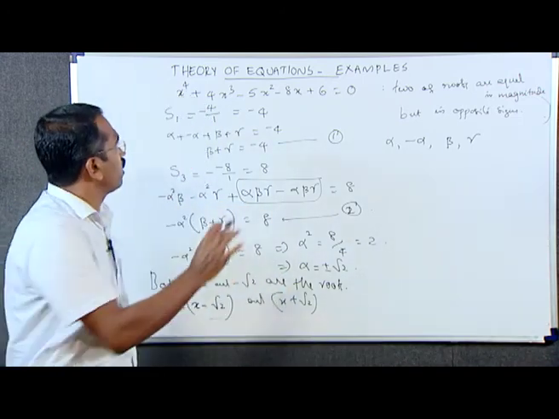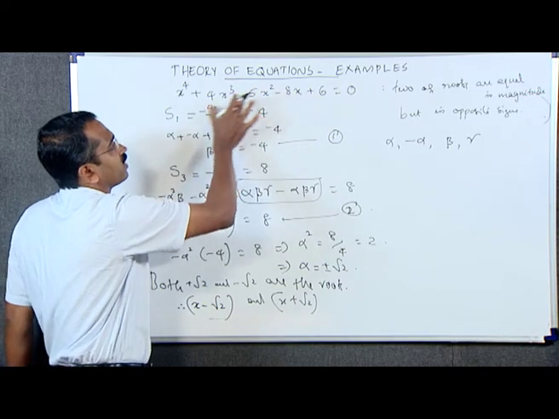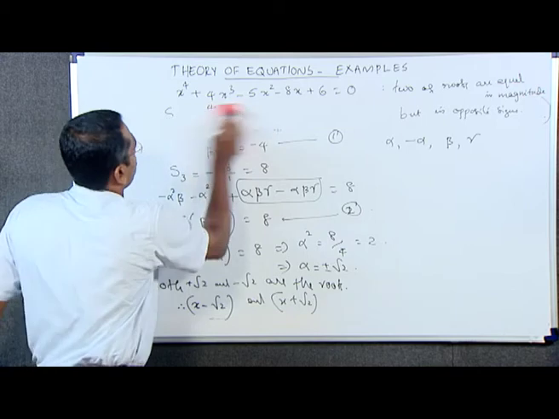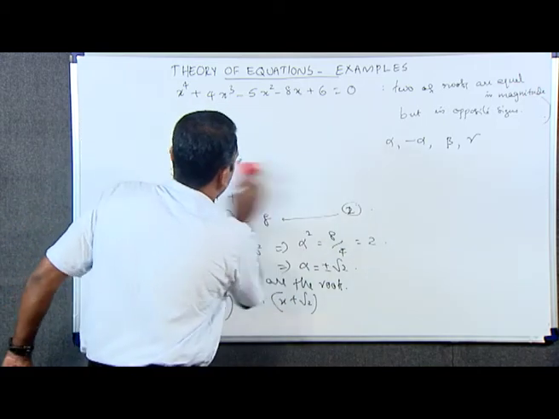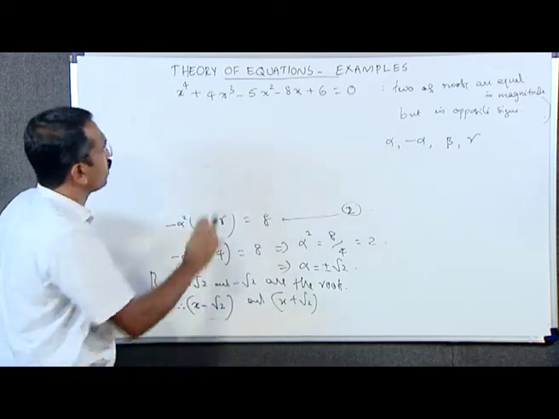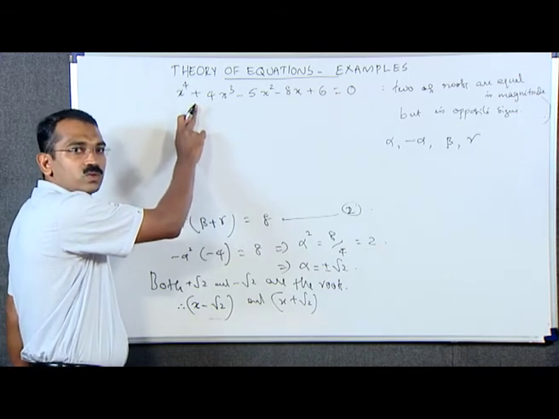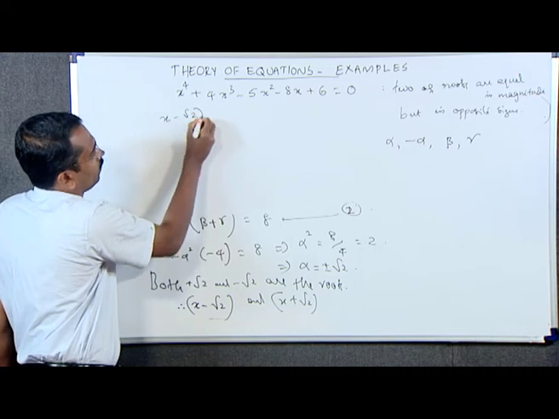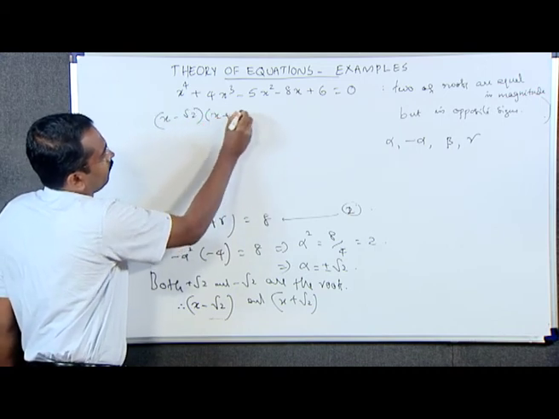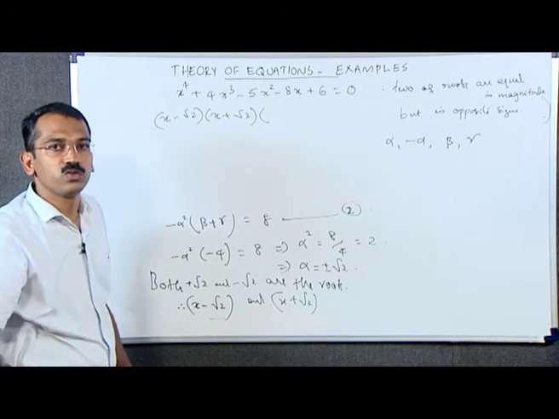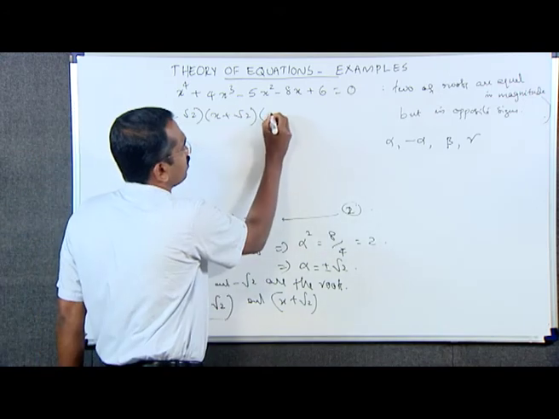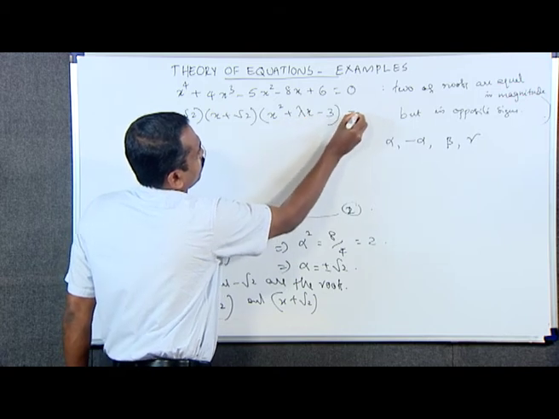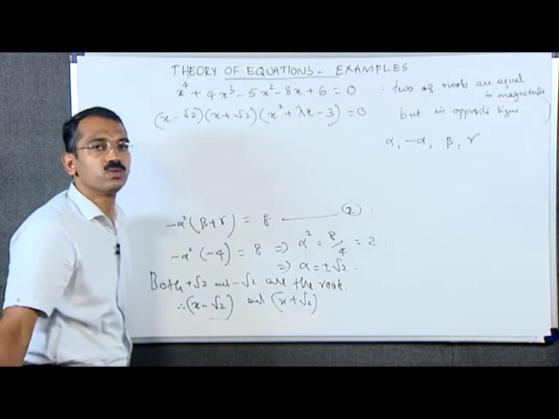And the left hand side of this equation can be expressed as x minus root 2 into x plus root 2, this into x square plus lambda x minus 3, which is equal to 0.